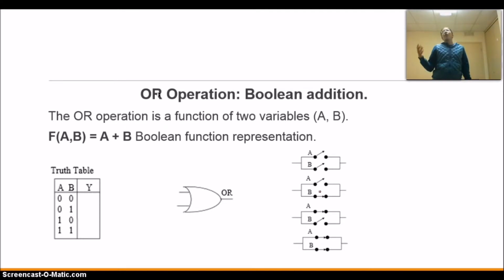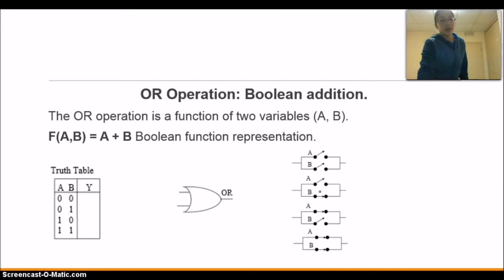Then we have the OR operation, that in Boolean algebra is going to be the Boolean addition. Here also we're going to consider just two variables, A and B. Here it is the same as normal algebra, as I said with the AND operation.